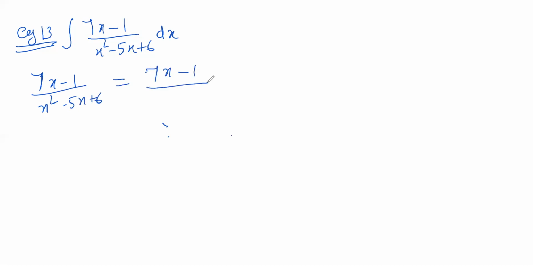can you remember what we'll be doing? 7x minus 1 by x squared minus 5x plus 6, factorization. So here it is 6 and we need minus 5, so that 3 twos are 6, and minus 5 we need, so minus 3 minus 2. So the factors are x minus 3 into x minus 2.